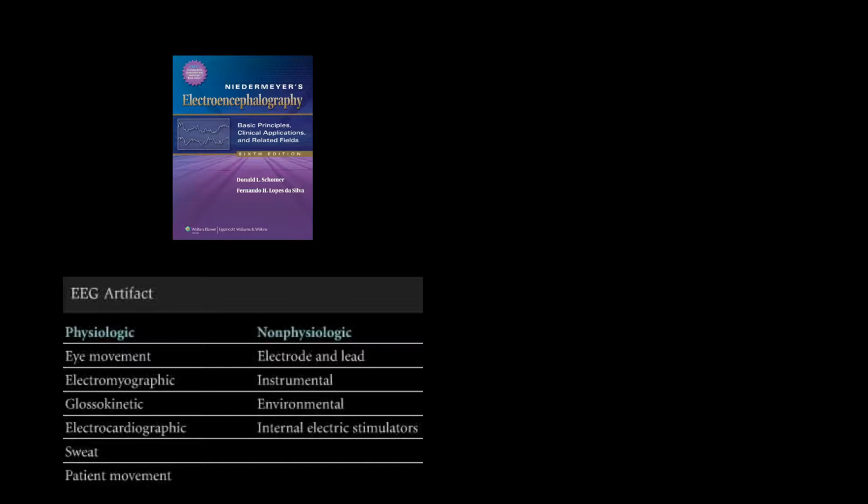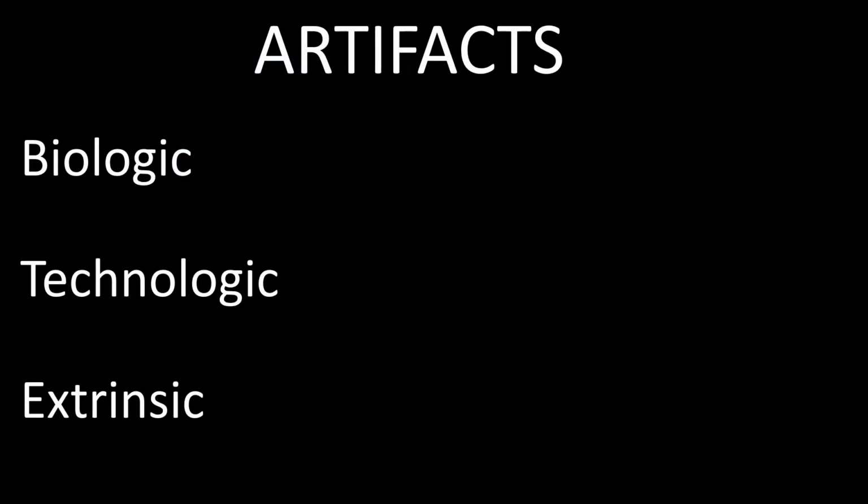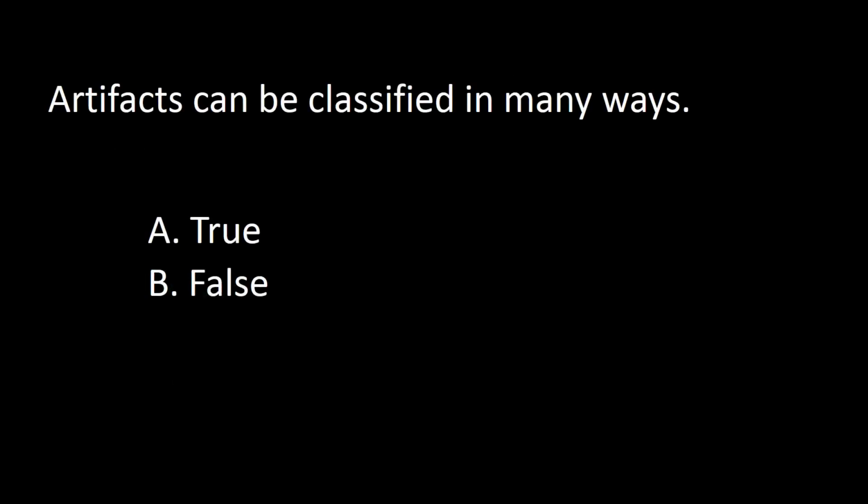Some classify artifacts as physiologic and non-physiologic, and they go from there. And there are certainly many others. But we will use the initially described classification to organize this talk. So the answer to this question is true.